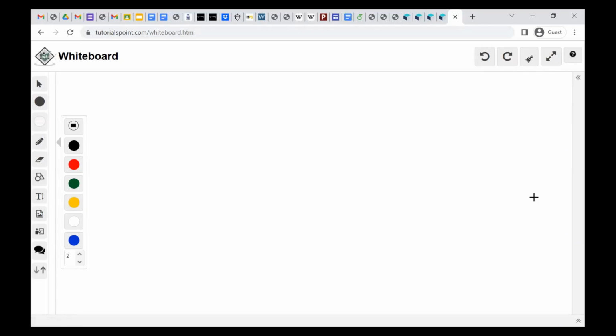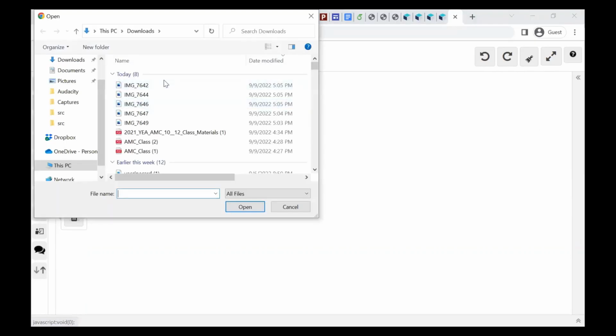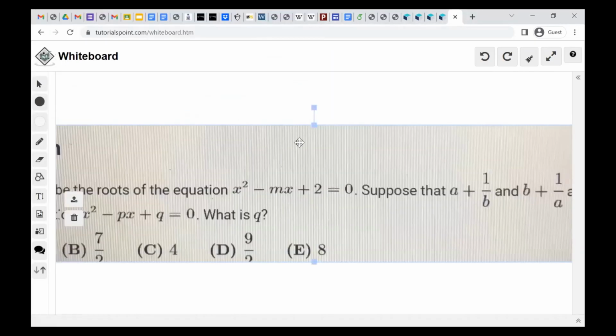So let's do some problems involving this. Vieta's formulas are pretty useful since they appear quite a bit on AMCs. One pretty rudimentary problem is this.